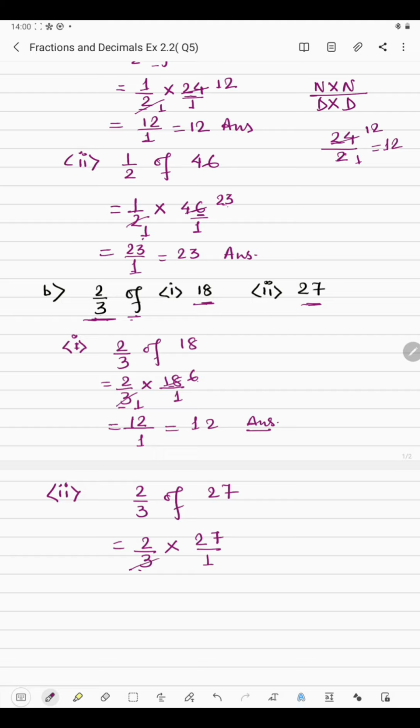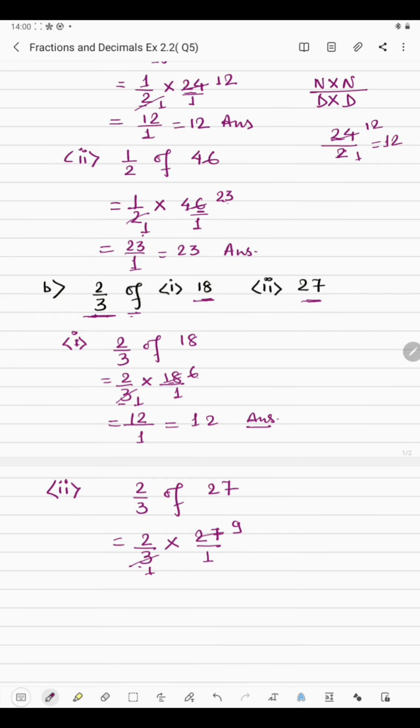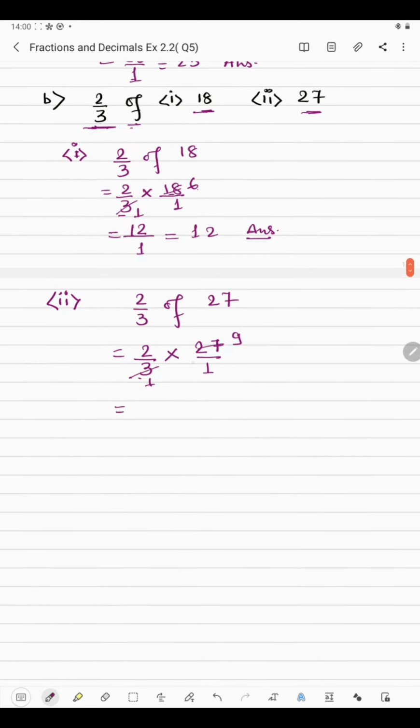We can divide by 3, so 3 ones are 3 and 3 nines are 27. So what will you get after multiplication of the numerator? See, 9 twos are 18, and if you multiply the denominator, 1 ones are 1. So we have 18 by 1 means 18. So the answer of the second part of number B is 18.